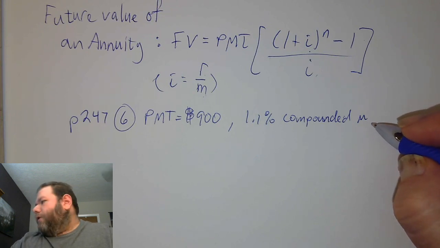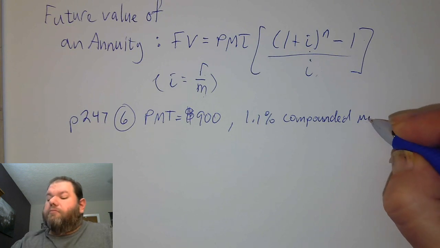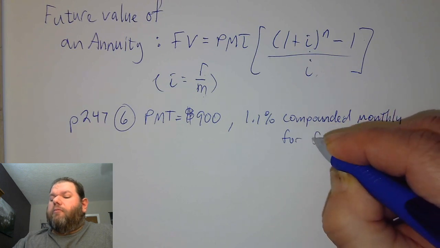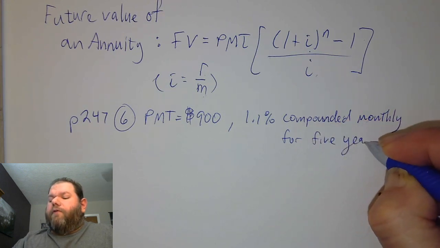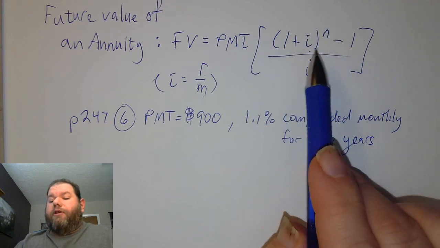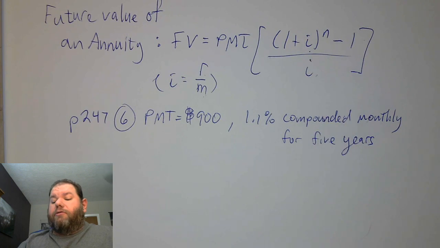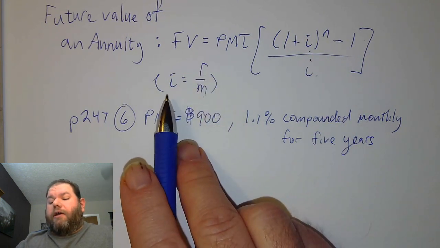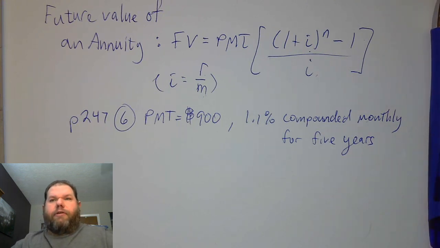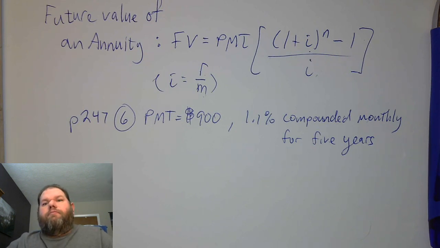So the first thing we want to do is, we already know the payment's $900. We really need to figure out what I and N are. Now for the I, this is basically the interest rate per period. Because when you have a credit card that charges you 26% per year, they split that up over a 12-month period.